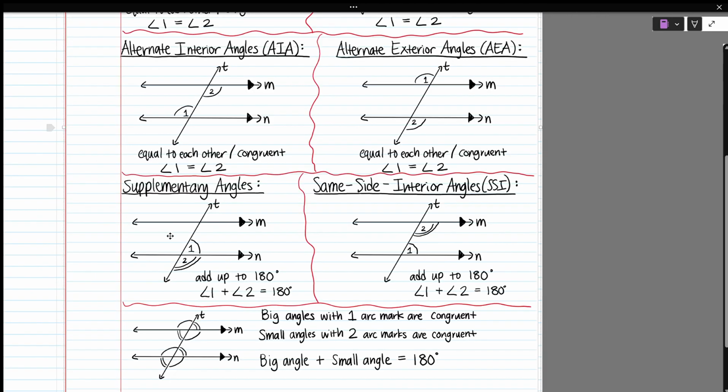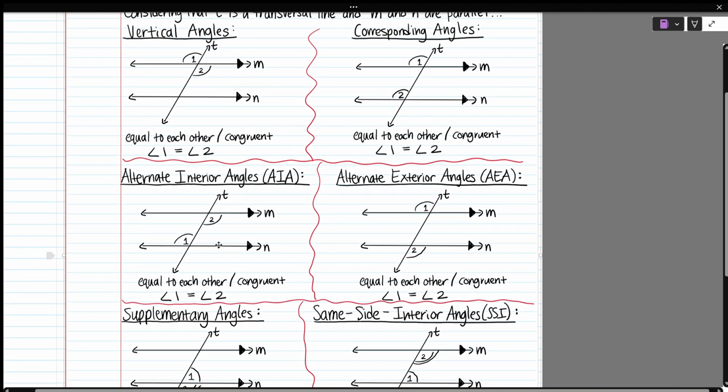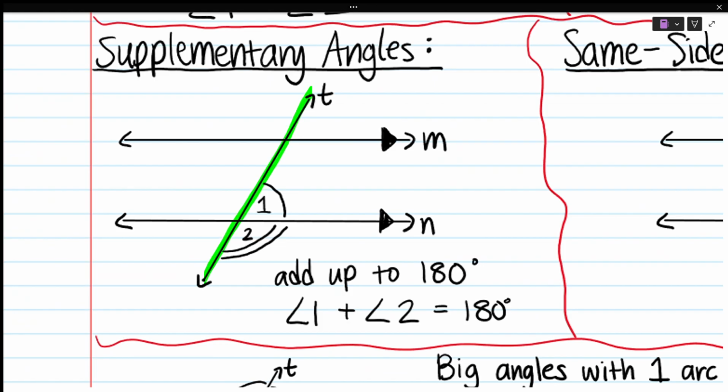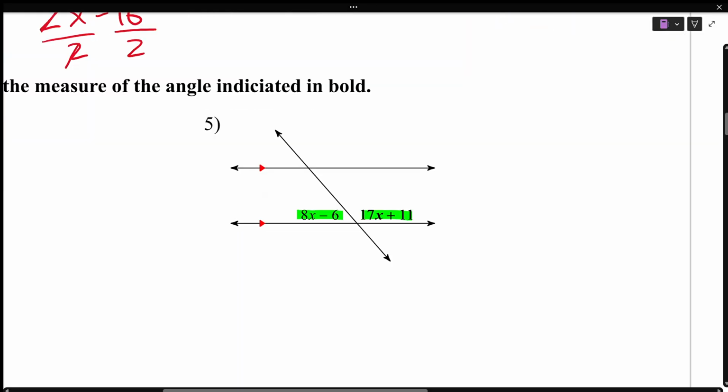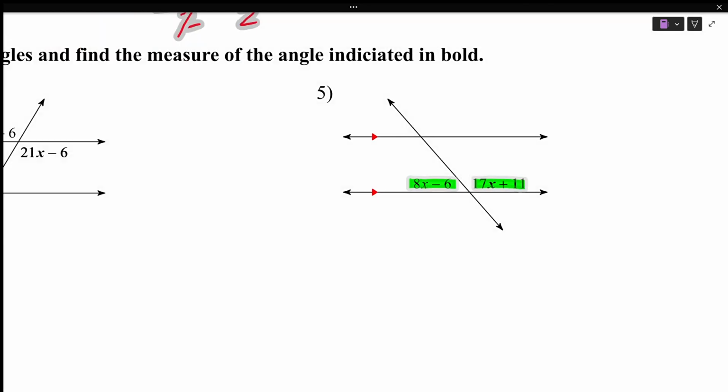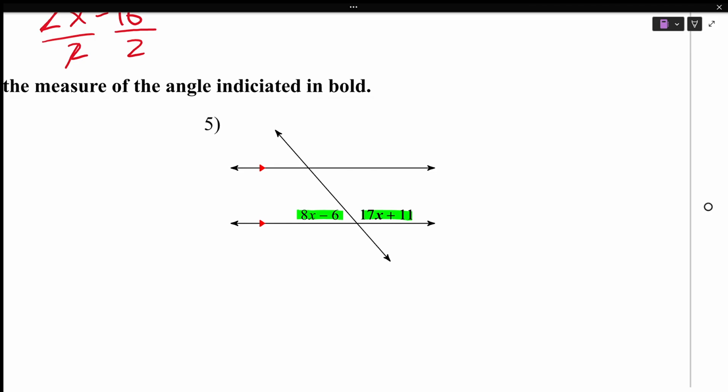Let's see. Oh, supplementary, right? Supplementary angles. They're right next to each other. They combine to make this straight line here. Okay, let's go back to this one. These two angles are right next to each other. They combine to make that straight line on the bottom. Okay, these are supplementary angles.